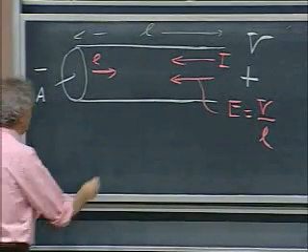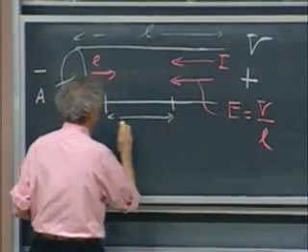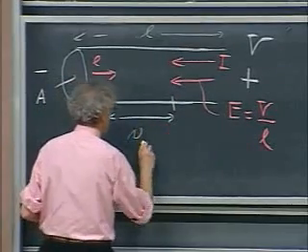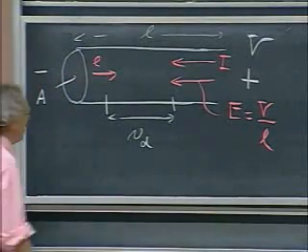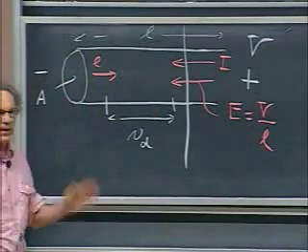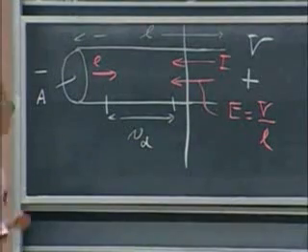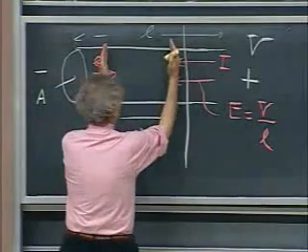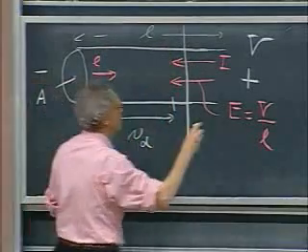In 1 second, these free electrons will move from left to right over a distance v_d meters. So if I make any cross-section through this wire, anywhere, I can calculate how many electrons pass through that cross-section in 1 second. In 1 second, the volume that passes through here is v_d times A.